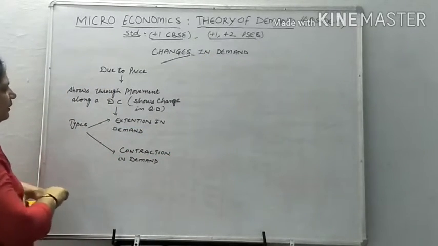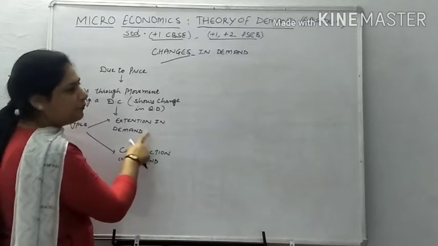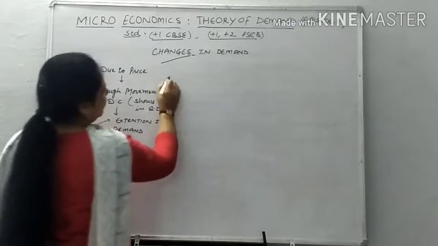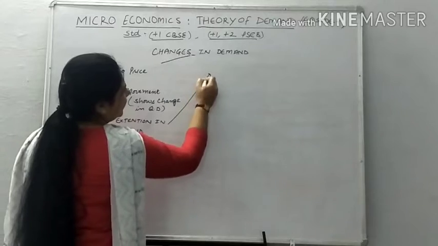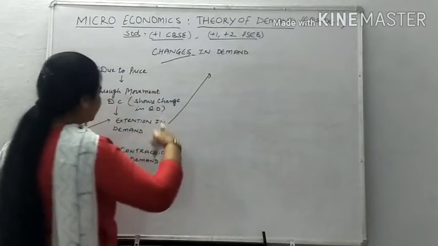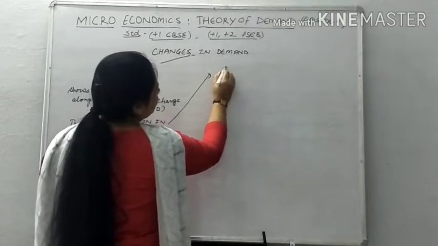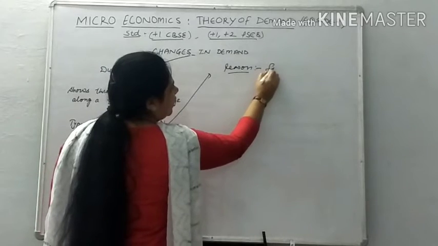Firstly, I am taking change according to extension in demand. When there is a fall in the price of a commodity, what is the reason for extension in demand? Why does an extension in demand happen? This is due to the fall in price.